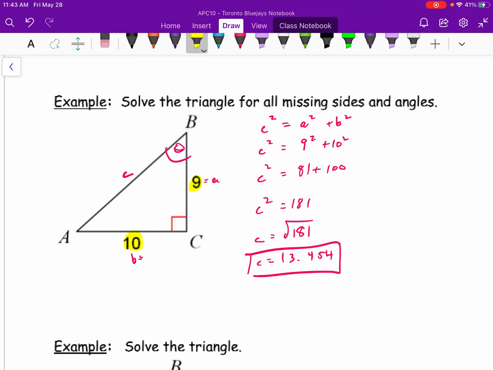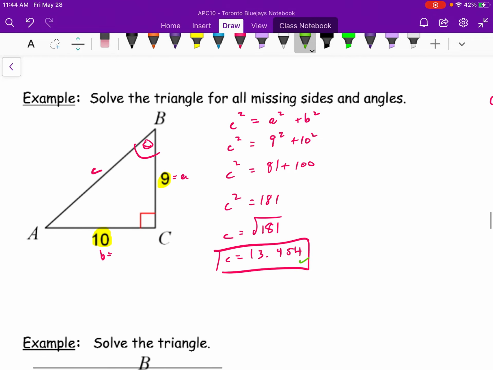We would like to maybe use A and B because it'll provide the most accurate results. If you're going to use C, which we figured out to be approximately 13.454, I would encourage you to use all of the decimal places that are found in your calculator. But probably just stay away from this number in all future calculations, just in case there's an error, you're going to carry that error through.